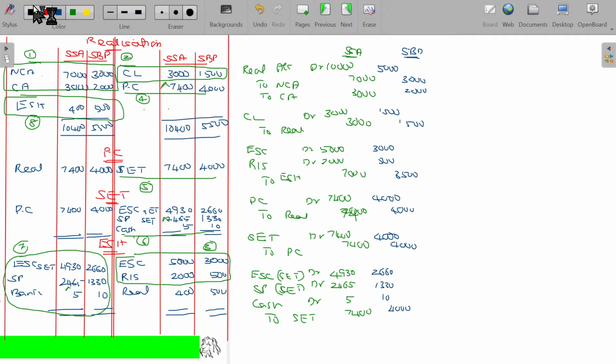This will be given to whom? Equity shareholders of the transferor company.